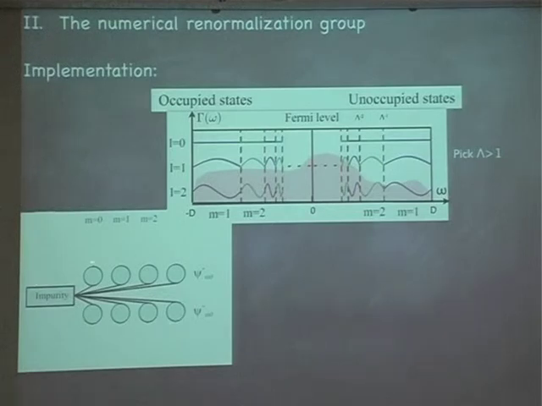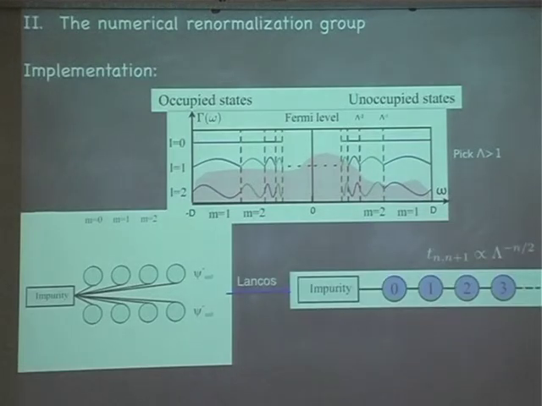So what you have here is, if you like, an impurity in a star configuration talking to a still infinite number of states, but now only a discrete set. And the next thing is you do some kind of Lanczos tridiagonalization and transform that thing into a semi-infinite chain where the impurity sits at the beginning, and then there's a hopping between the impurity and the first site, second site, third site, fourth site.